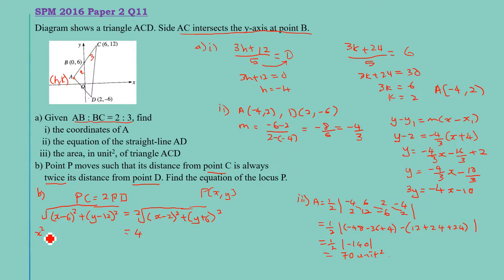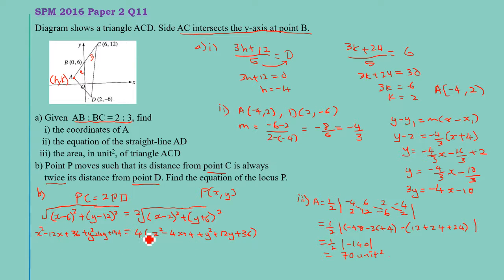Now by removing the square root and expanding this function, what you have is x squared minus 12x plus 36 plus y squared minus 24y plus 144. Over this side, the square root has been removed. So what you have is 4 times x squared minus 4x plus 4, and over here will be y squared plus 12y plus 36. What we do is we try to multiply in and then simplify.